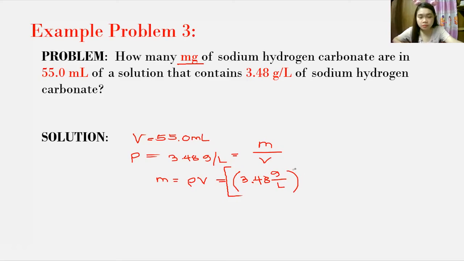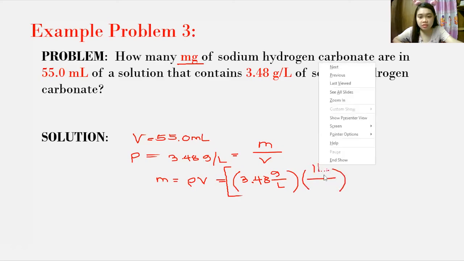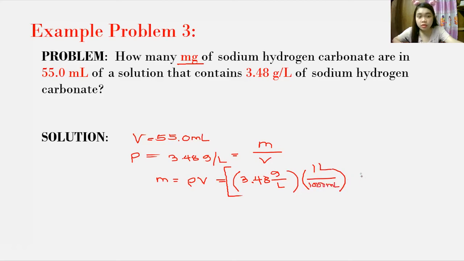So we need to convert the liters here into ml by multiplying it by 1 liter is equal to 1,000 ml. So our unit will be grams per ml.